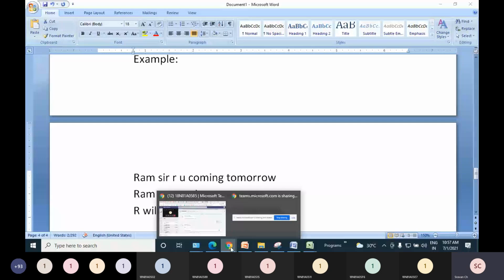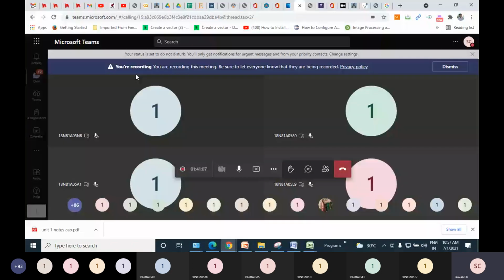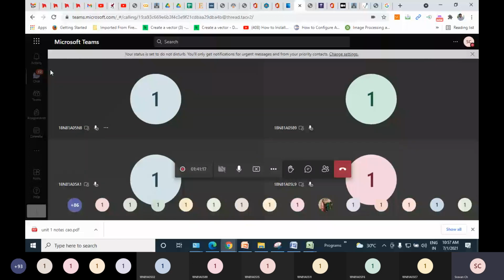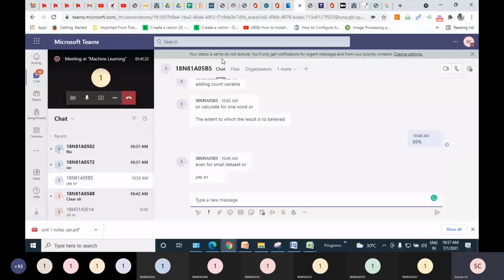Let us discuss, let us make this session more interactive so that you can understand the concepts pretty well. So whenever you find the word Ram, is there any need for Sir? No, it's not needed. Similarly, whenever you find the word coming, is there any need that the word tomorrow should come?